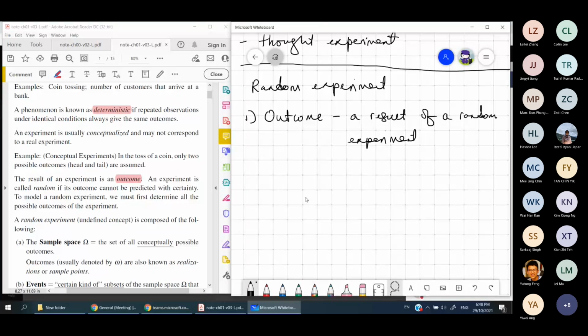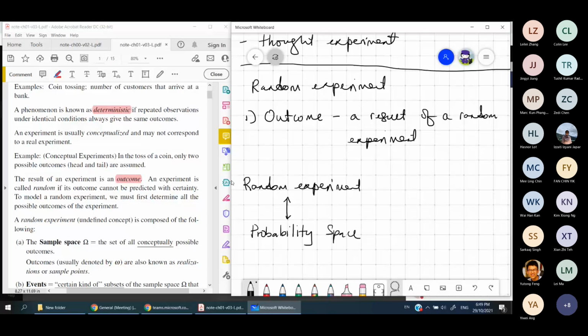So we understand the meaning of a random experiment, and we know the term outcome. Now we want to study this random experiment using mathematical formulations. What we can do is model it with something called the probability space. All the elements inside this random experiment, we try to represent with some mathematical object.